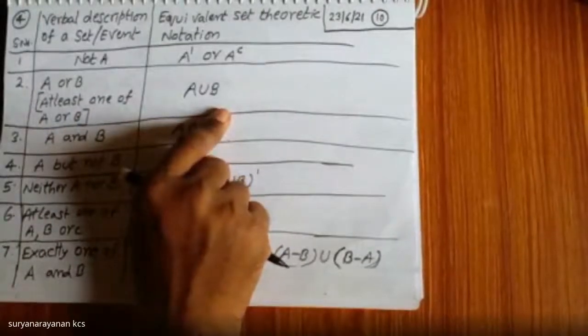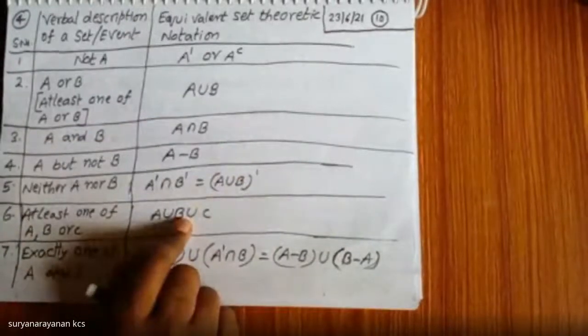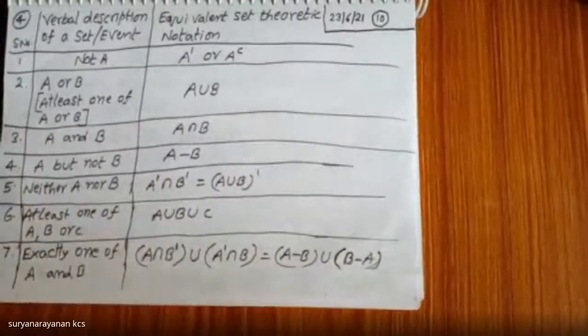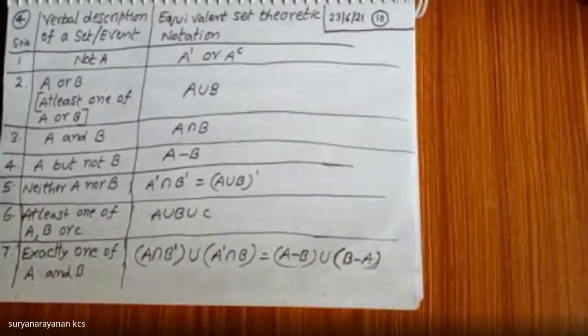Will you try this question, my dear children? I gave the hint also. Will you try question number 8? Just apply the union formula. That's all. Automatically you get the answer.